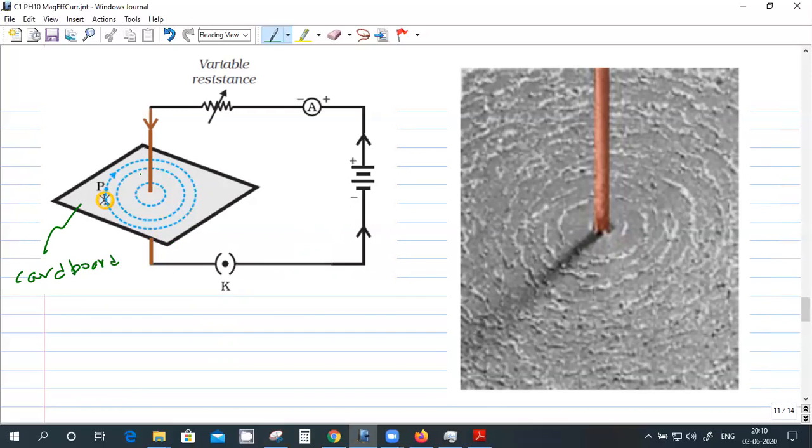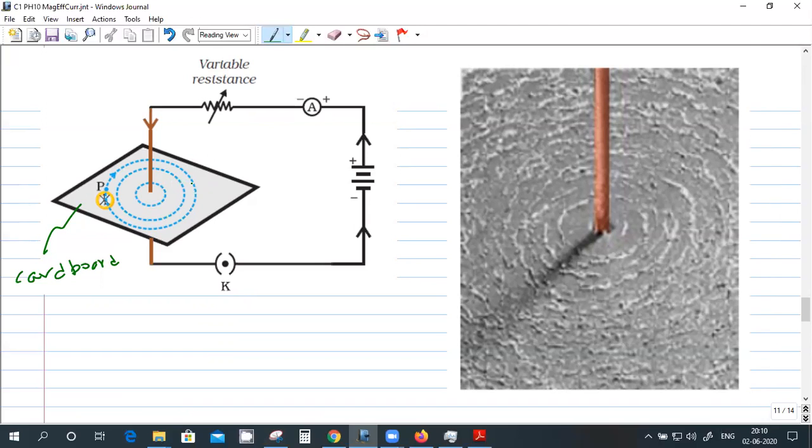Because of this current flowing, there will be magnetic field lines. When the current is flowing, it's acting as a bar magnet, or some magnetic effect is there. The effect of a bar magnet is captured in the magnetic field. Similarly, the effect of a current carrying wire I can capture in the B field, the magnetic field. So the magnetic field lines look like these dotted lines.